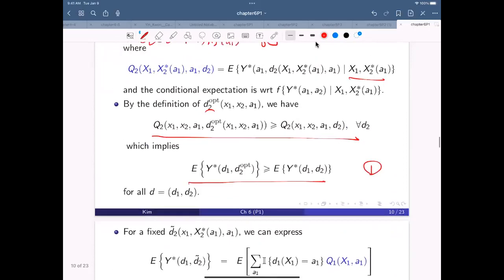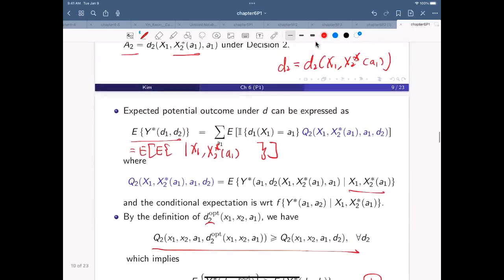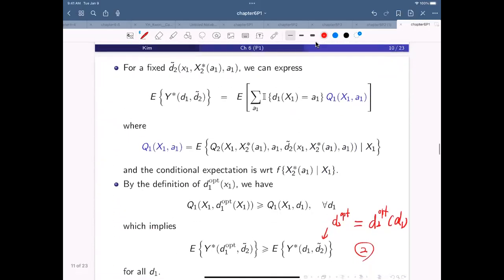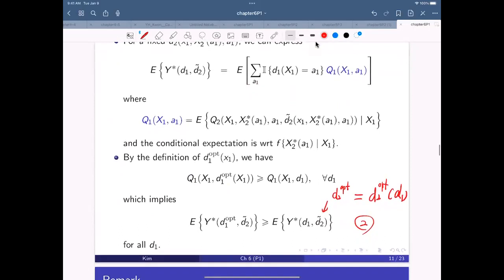For calculation, we go forward because we condition on a given value D1 to calculate D2, but to choose the optimal path, we have to start from the last step to do the selection.